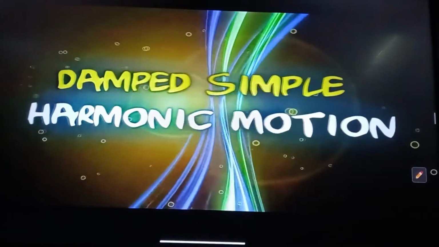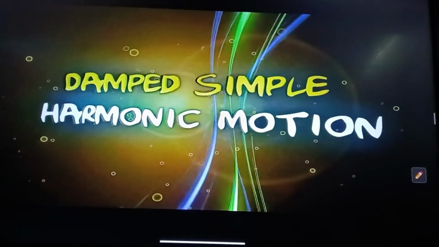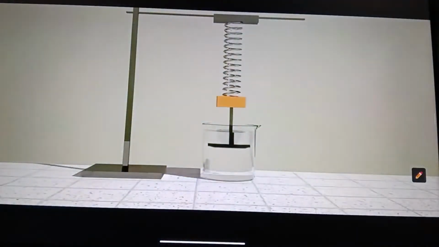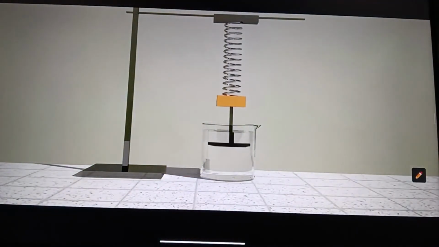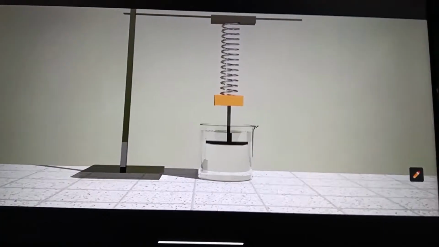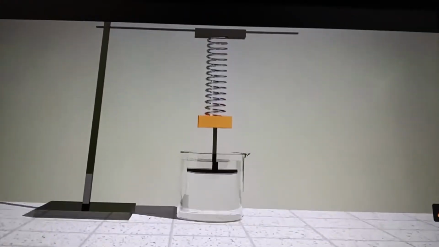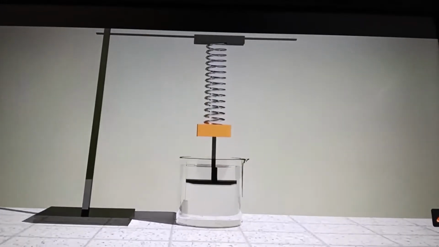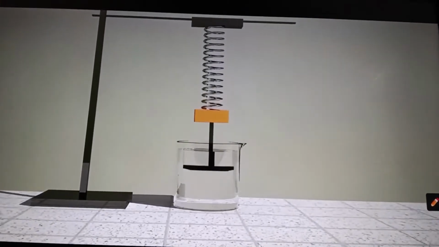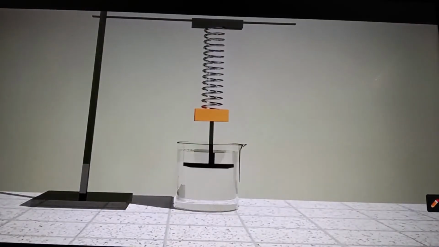Damped simple harmonic motion. In this module, we will learn about damped simple harmonic motion. Damped simple harmonic motion can be simply explained with a mass connected with a spring and a block system.